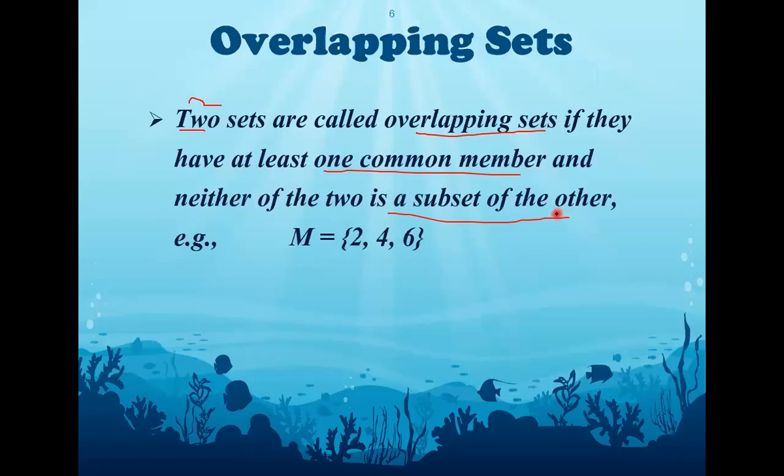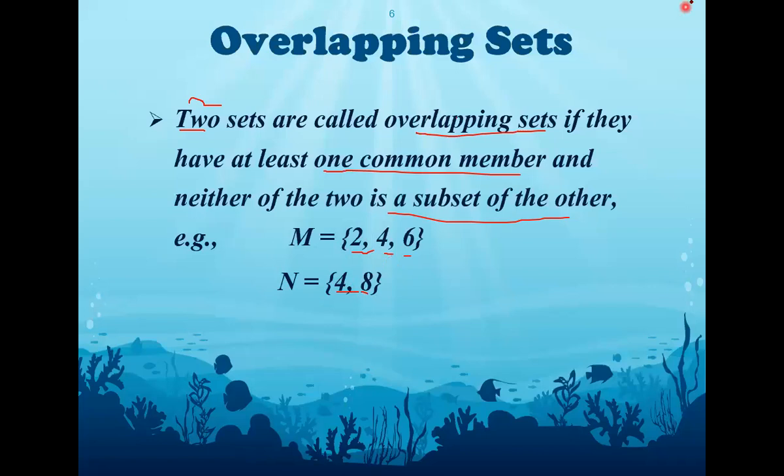What does it mean? They have some common members and some uncommon members as well. Consider this: in set M, the elements are 2, 4 and 6, and the elements of set N are 4 and 8.